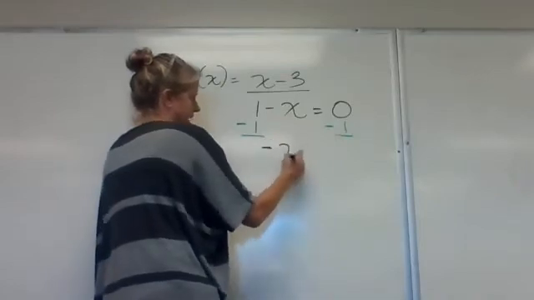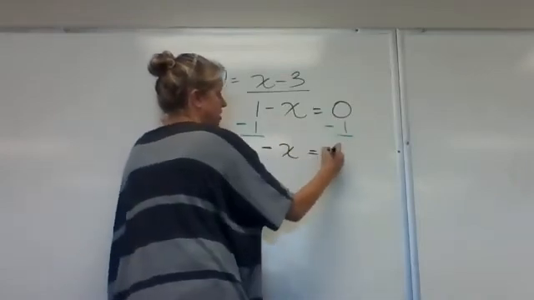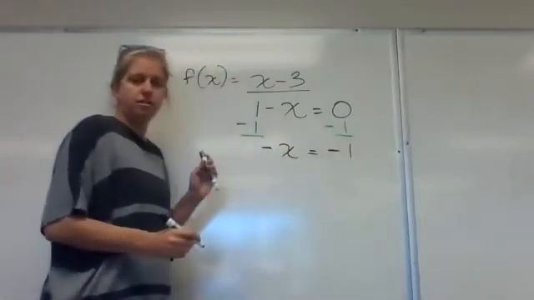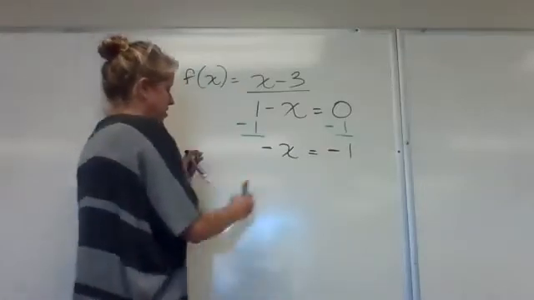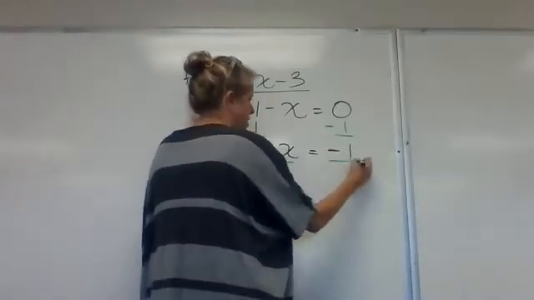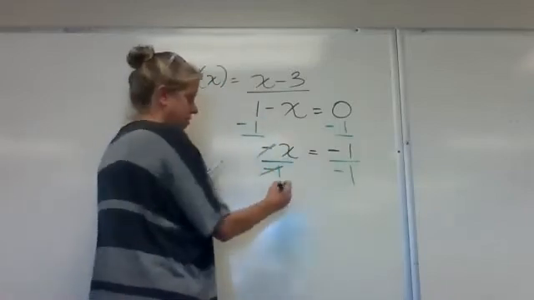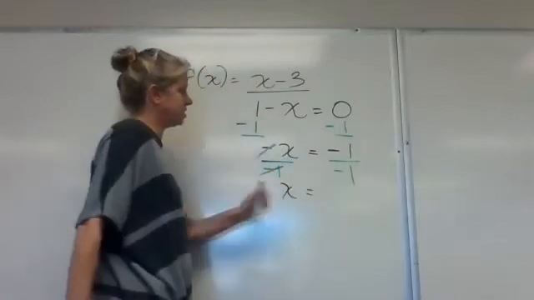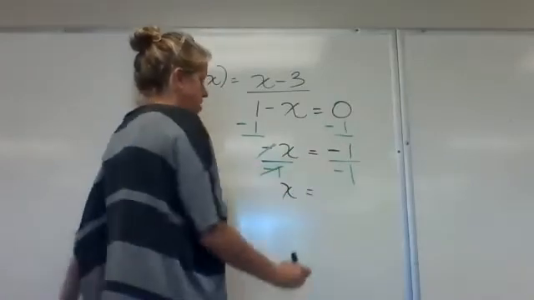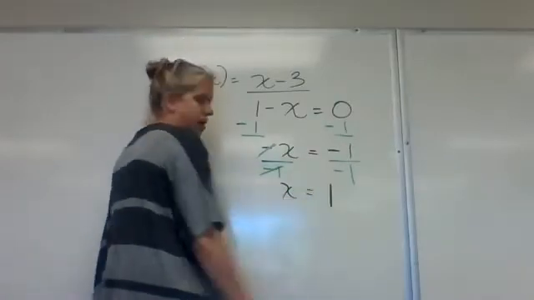So I still have -X equals 0 minus 1, which is -1. And then divide both sides by -1 to turn your X to positive. So X equals -1/-1, which is +1.